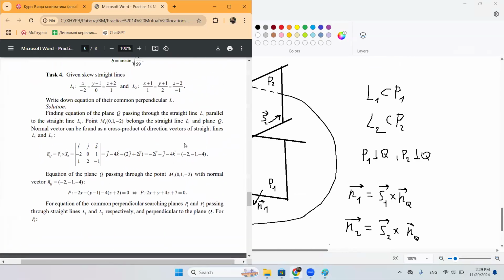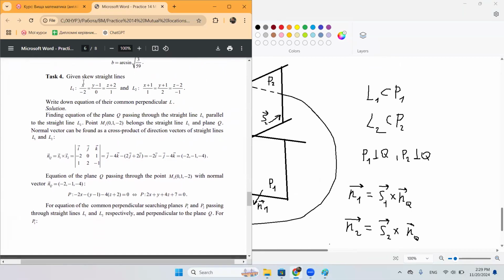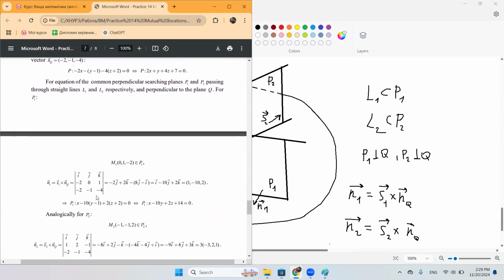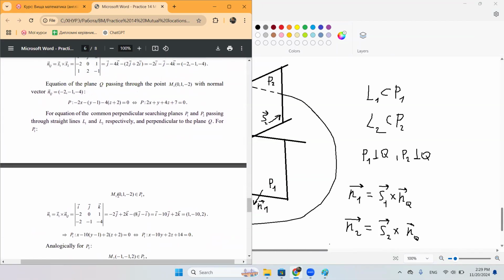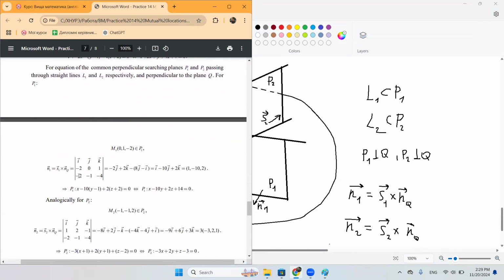M1 is taken from the equation of L1, this point, and N1 we found, and we have such a plane.